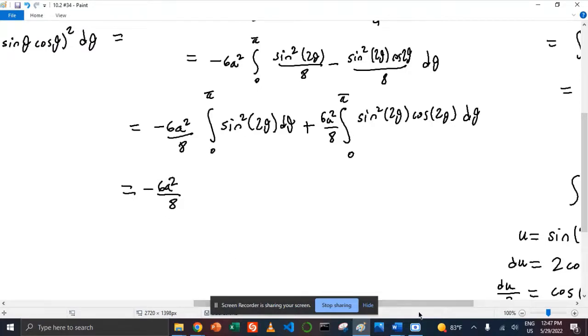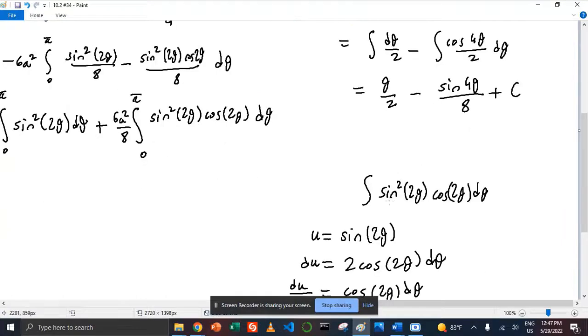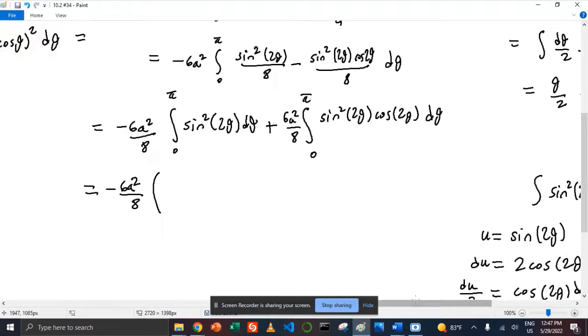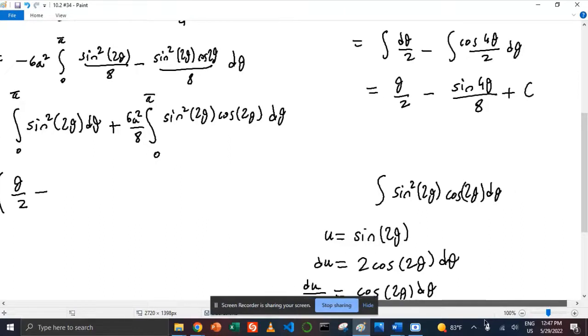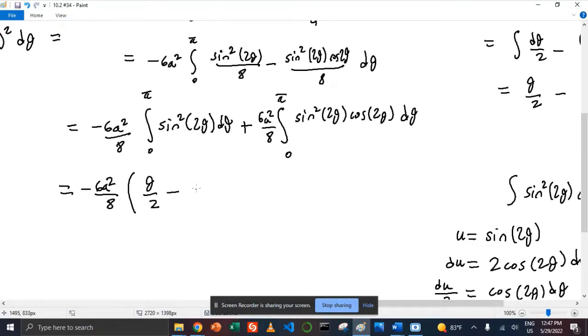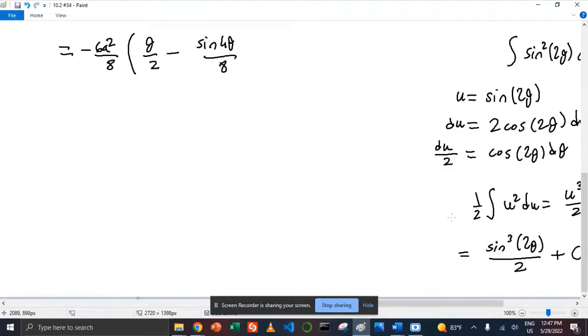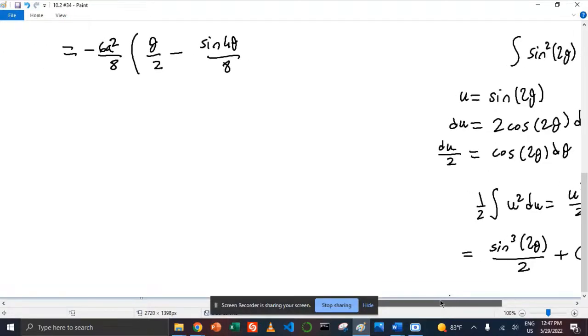So for this one, I'll just factor out negative 6a squared over 8 for now. So this distribution was a little pointless, but that's okay. So I'll just copy theta over 2 minus sine 4 theta over 8, and sine cubed 2 theta over 2.